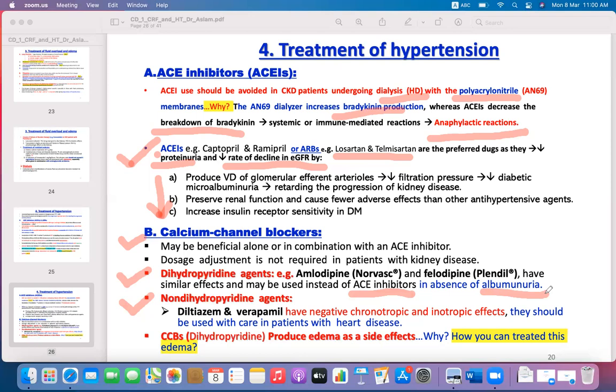And the non-dihydropyridine agents, which generally act on the cardiac system, cardiac muscles: diltiazem and verapamil, have negative chronotropic and inotropic effects, and they should be used with care in patients with heart disease, because they mainly act on the cardiac muscles.